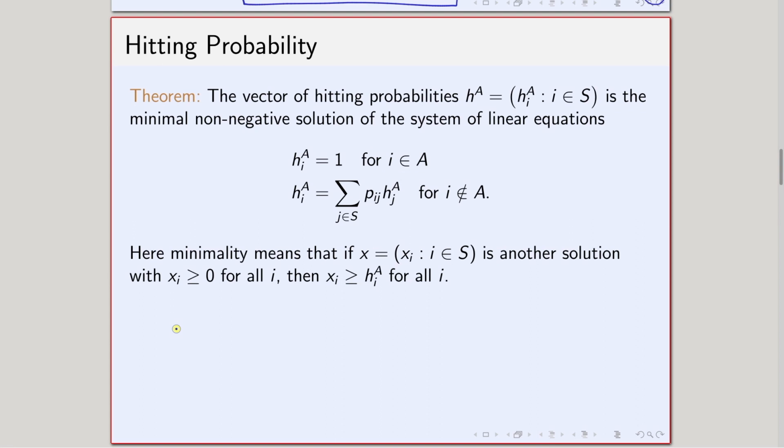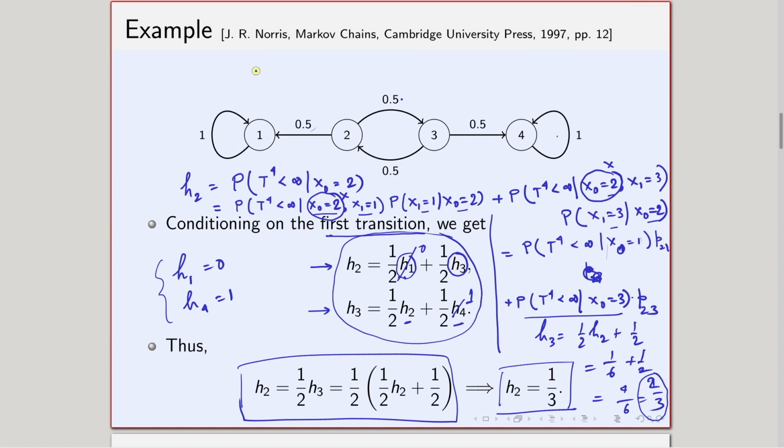Okay, so the theorem goes like this: the vector of hitting probabilities H consists of H_i^A. So basically, if I have a state space S, then like in this case, I have 4 H values: H1, H2, H3, H4.